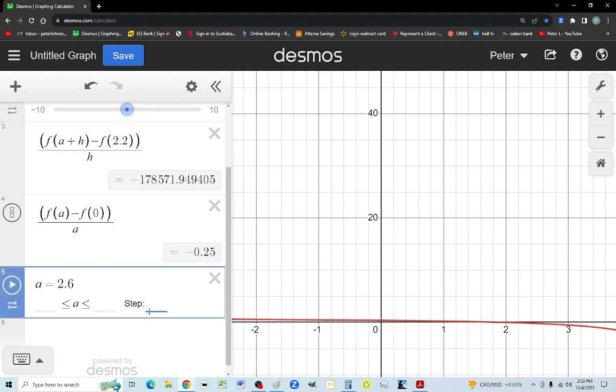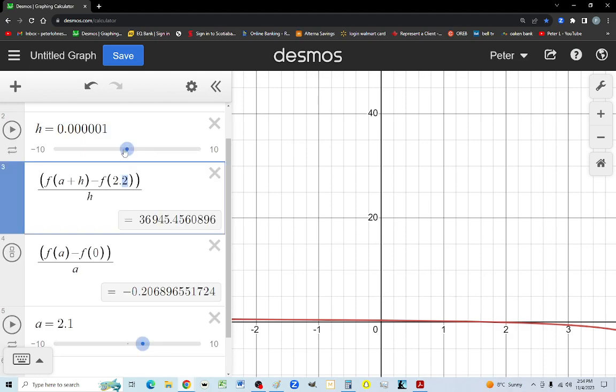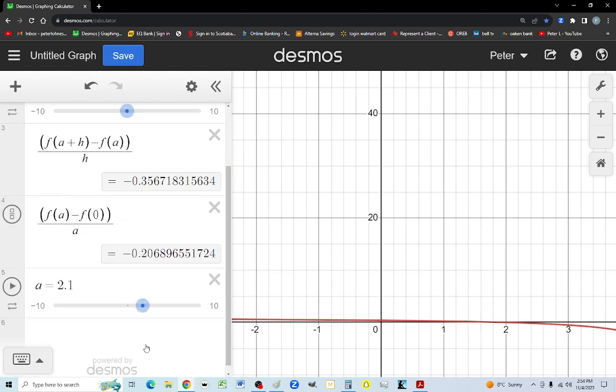And put smaller steps in there. And another 0.2. Somewhere around there.